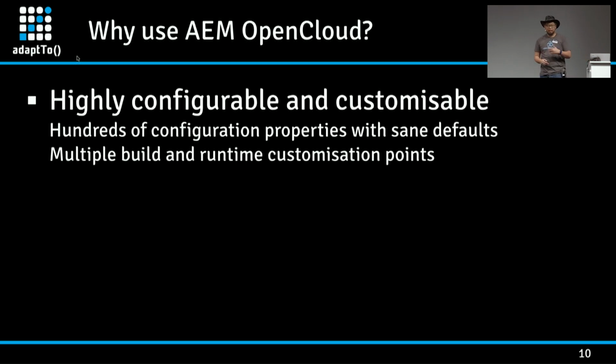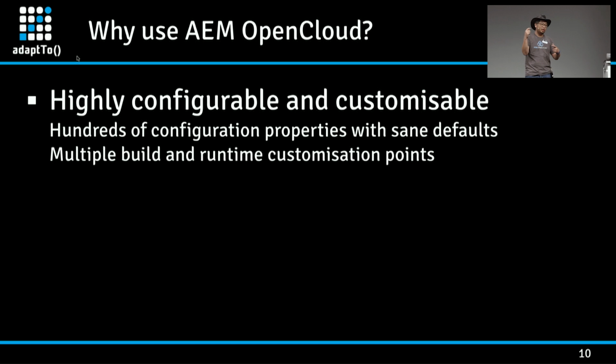AEM OpenCloud is highly configurable, so it has hundreds of configuration parameters with hopefully sane defaults. And it also has multiple build and runtime customization points. So the idea is that if one project is using, for example, Splunk for their logging solution, another one is using Datadog.